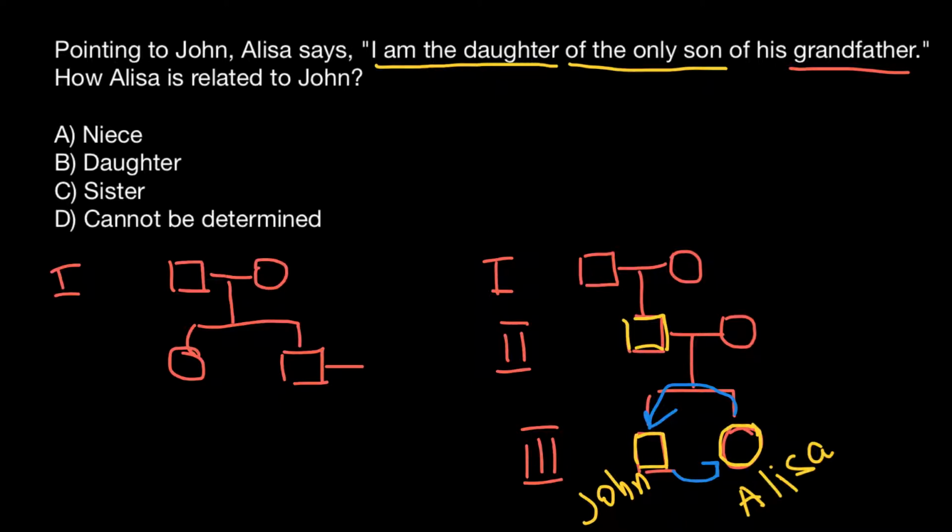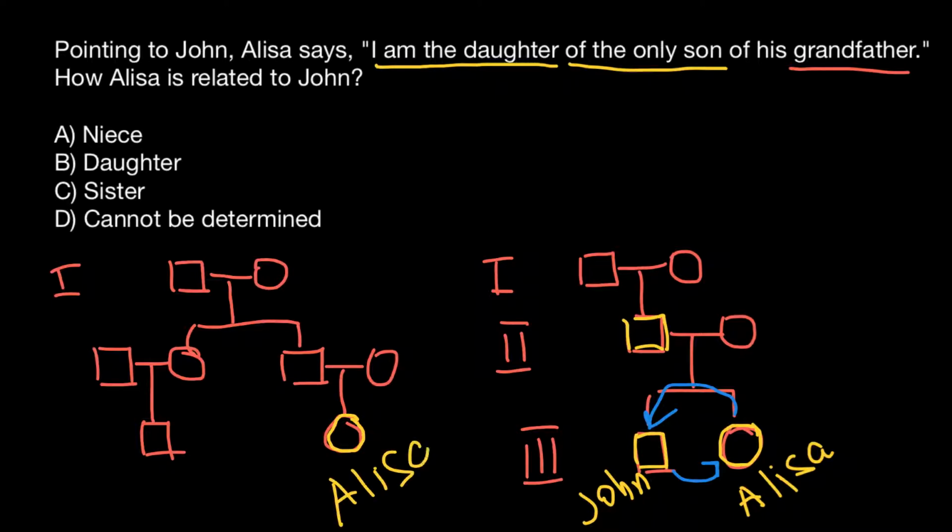Now let's imagine that this person is married and has a girl, and his sister is also married and she has a boy. So this time this is going to be Alisa, and this is going to be John.